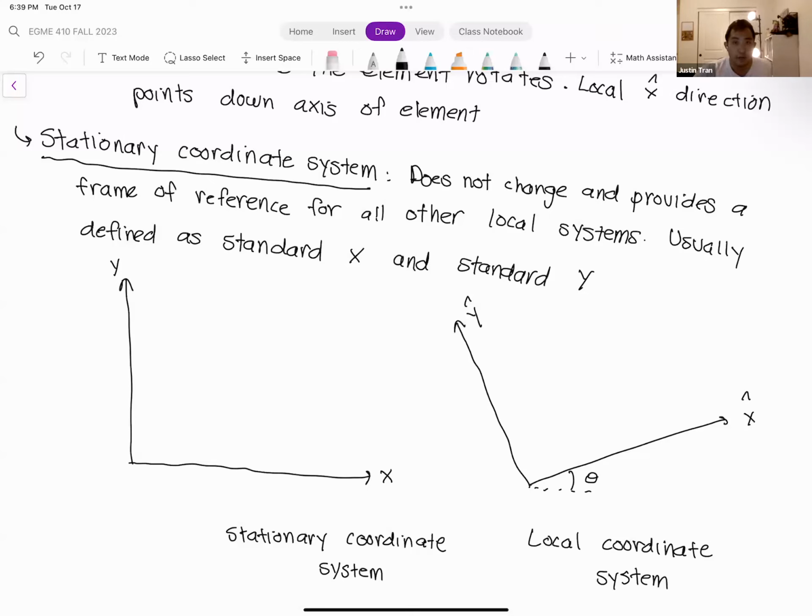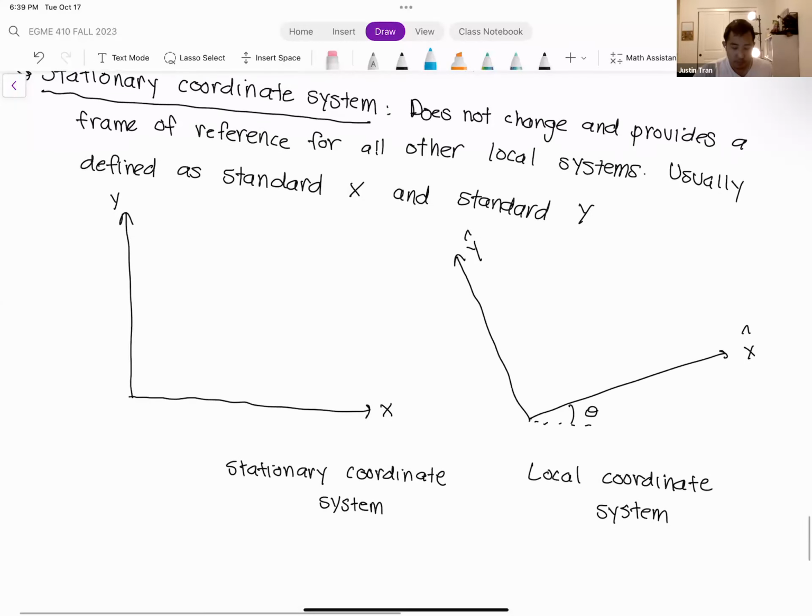And so that's how we define the difference between the two coordinate systems. This is important because, first of all, because of the way that we've defined the element stiffness matrices, in a coordinate system local to that element, we can use the exact same element stiffness matrix that we had before.